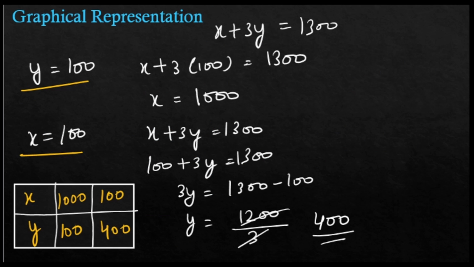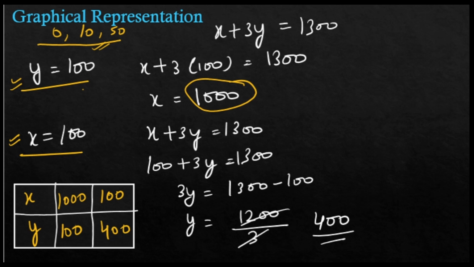Because I tried many values like 0, 10, 50, but they did not give a solution or were difficult to represent on the graph. So 100 is easier because it gives values like 1000 or 400, which you can easily represent on a graph. It needs practice only.